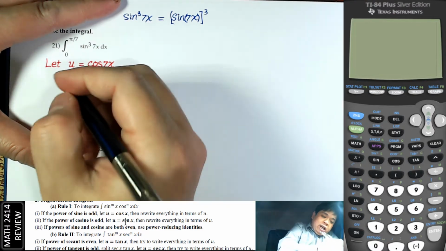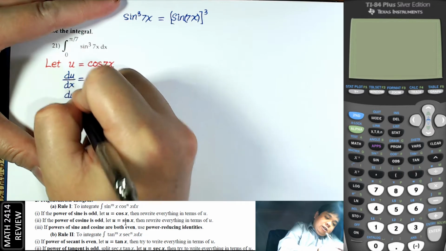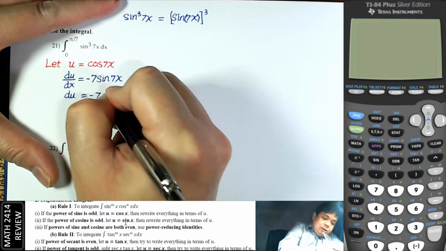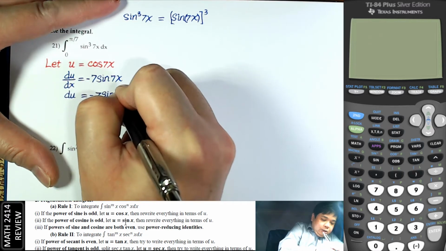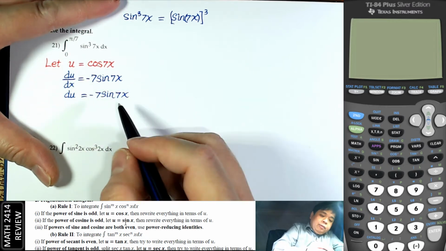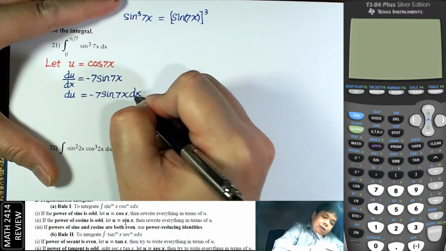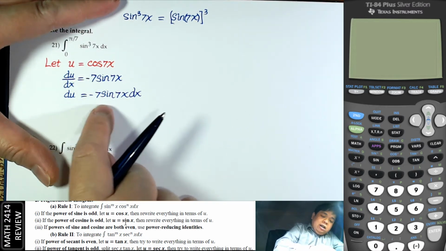I'll move the dx over, and then divide by negative 7.